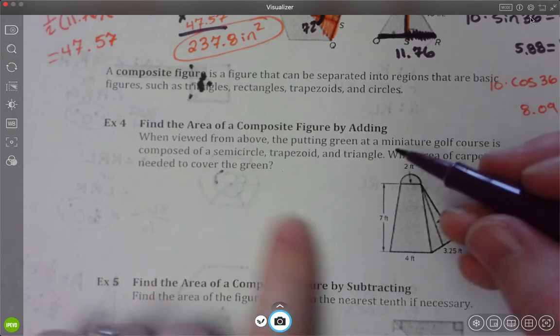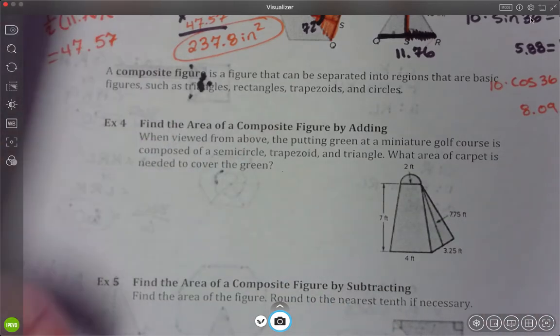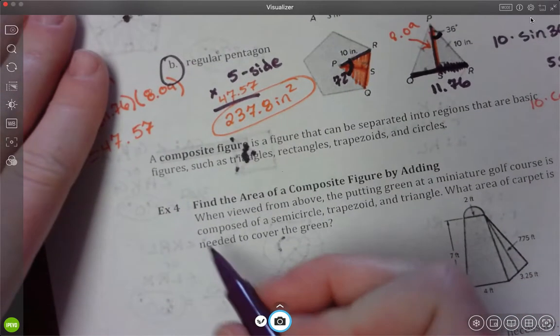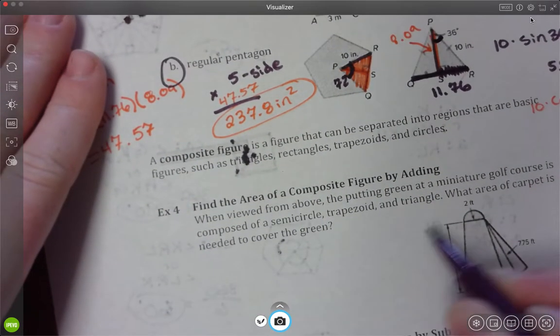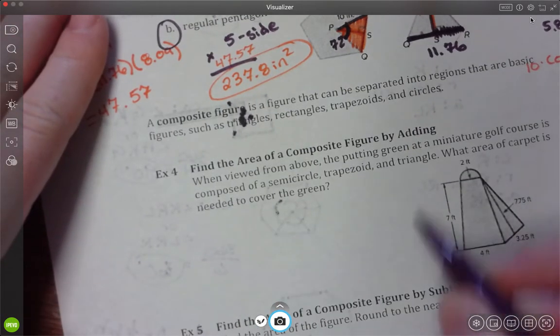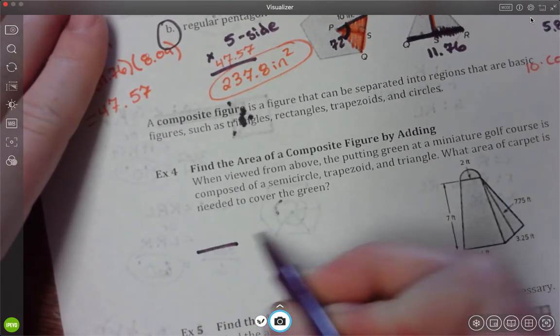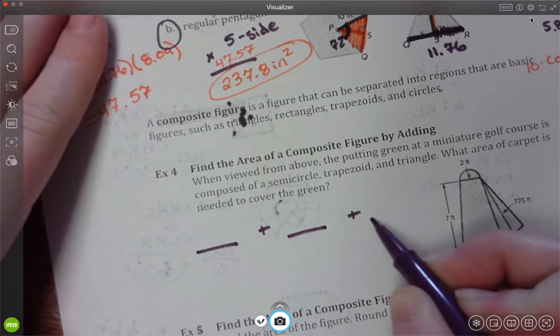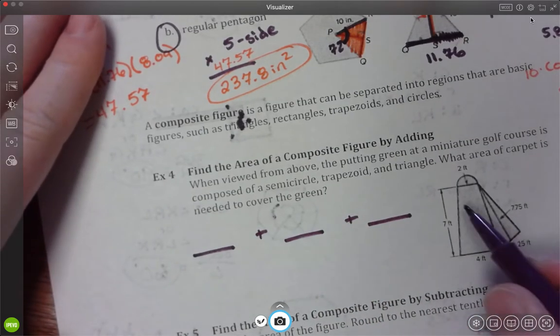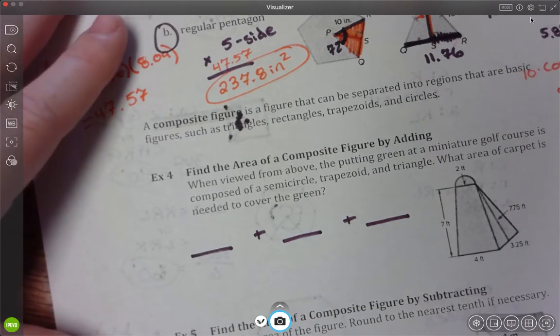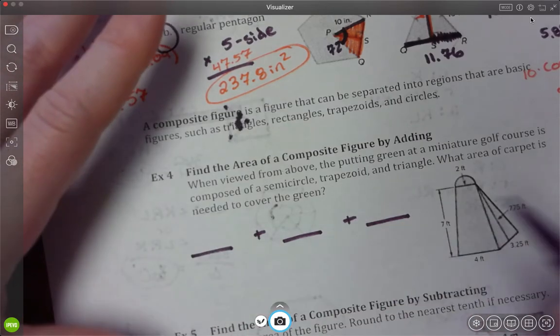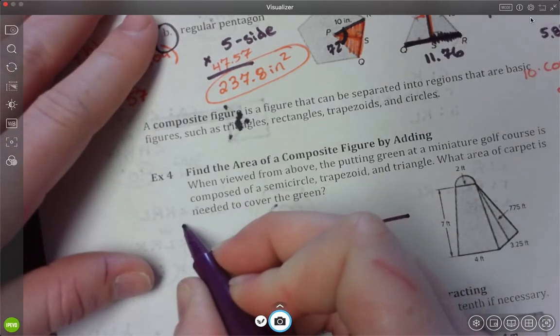What I do when I'm looking at composite figures is I figure out what shapes are involved. In this case we have 3 shapes involved: 1, 2, 3. I'm going to find the area of each one of those shapes and add them together. So the first shape, let's do the semicircle.